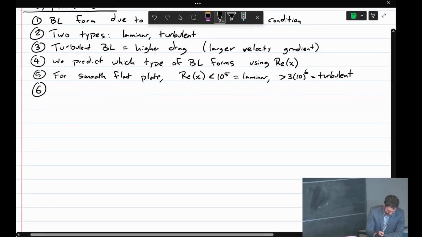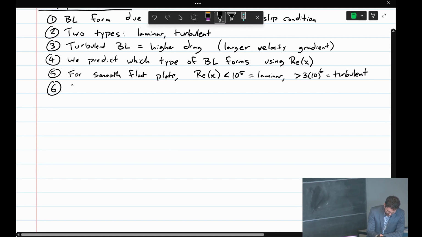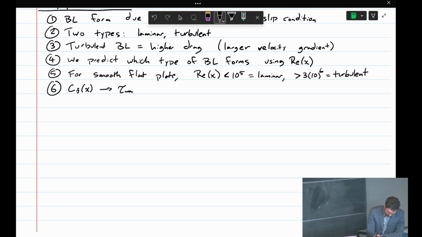The last point is integrating. So the skin friction coefficient is like a non-dimensional wall shear stress. If you know your free stream properties, you can calculate what that wall shear stress is. So that's the local wall shear stress.